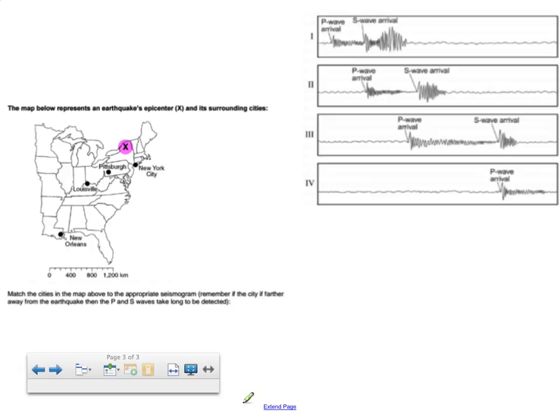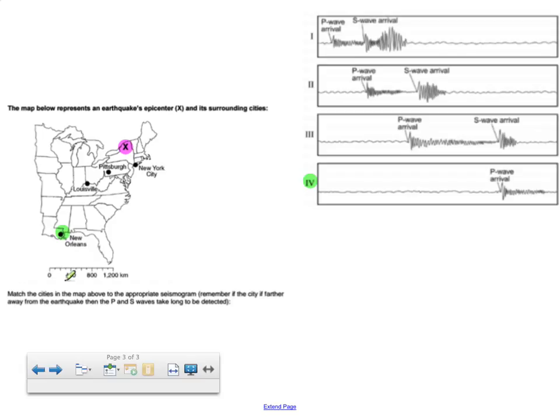All right. For seismograph 4, which is this one here. You said New Orleans. Why? Say that this one is for New Orleans because it's farther away from the epicenter. Do you think here any buildings will be damaged?